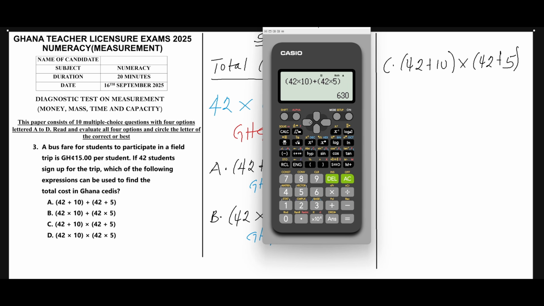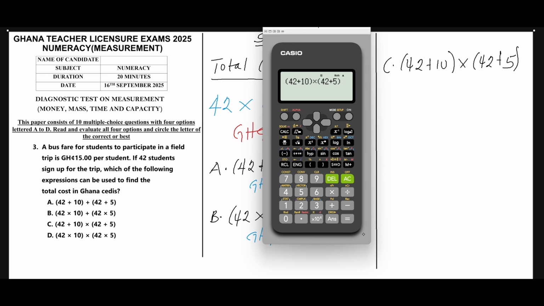We are going to change the signs in the brackets: this one will change to multiplication, and this one will change to addition.